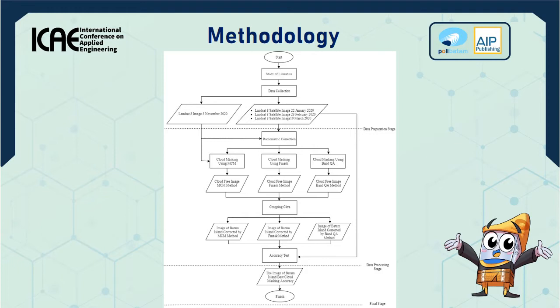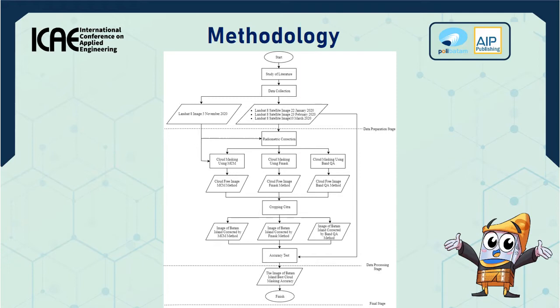Next, cloud masking using MCM, cloud masking using FMASK, and cloud masking using QA band. Cloud masking using MCM produces cloud-free image MCM method. Cloud masking using FMASK produces cloud-free image FMASK method. And cloud masking using QA band produces cloud-free image QA band method.